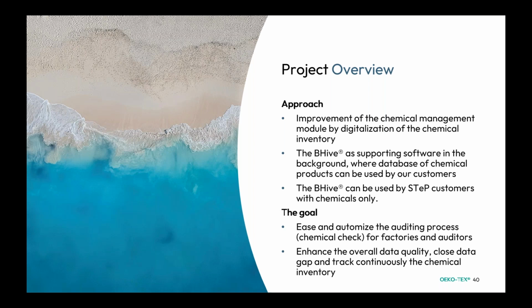It can be used by STEP customers with chemicals only. The goal is to ease and automate the auditing process for factories and auditors, enhance the overall data quality, close data gaps that can happen, and continuously track the chemical inventory.